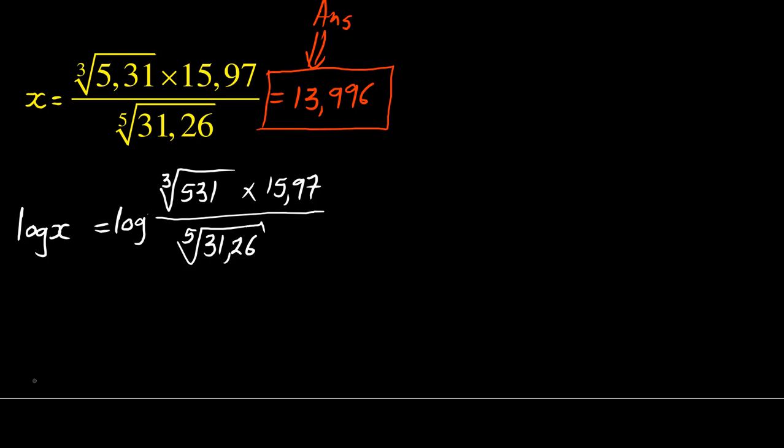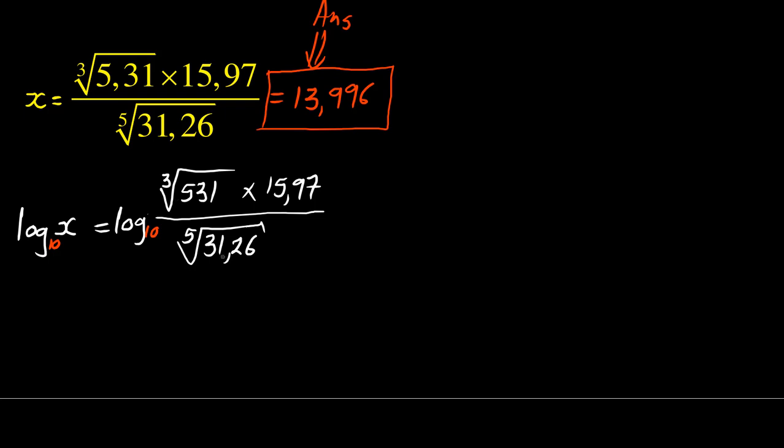Now as I said, you can put your base 10 there. It's still fine, but it's not a must to include base 10, because by default it is already in base 10. If you just say log x, it means you're already working with base 10. But for argument's sake, let me just maintain my base 10 there.